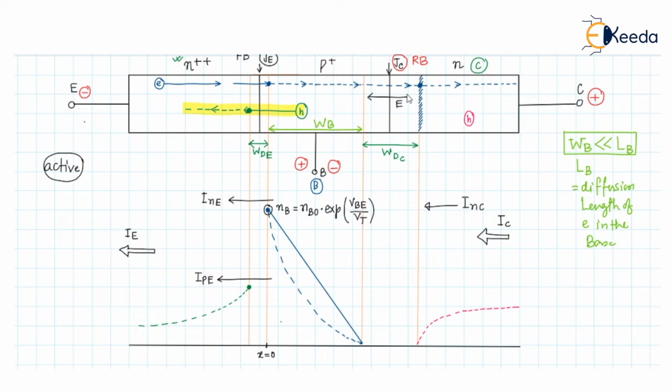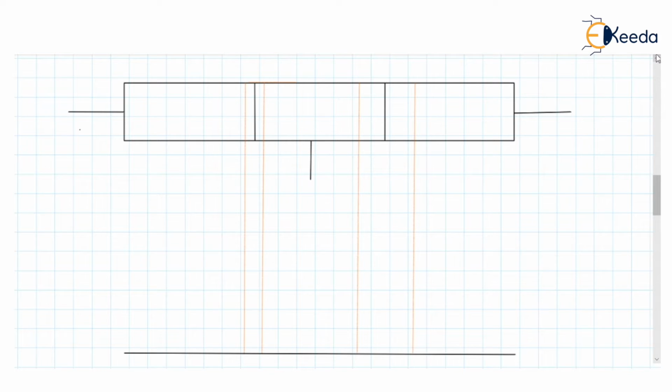The other mode of operation that we have is the cutoff region of operation. For the cutoff region of operation, we know the JE junction should be reverse biased and the JC junction should also be reverse biased. Let us see how. This is our N plus, P, and N, that is the NPN transistor.